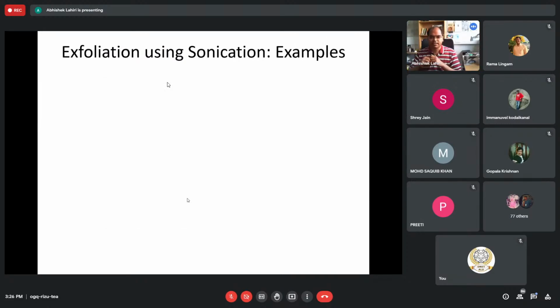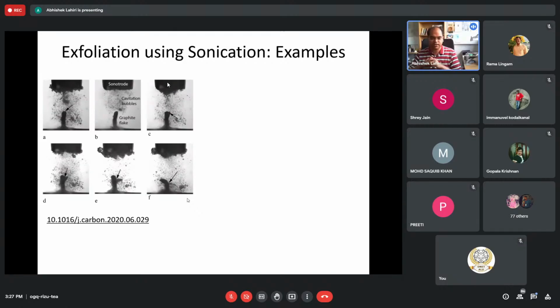So here is an example of exfoliation using sonication. Here we have a graphite flake, and this is the sonoelectrode.